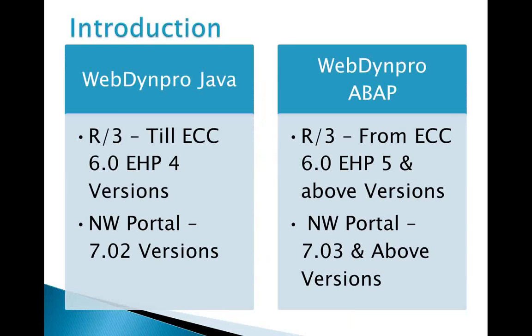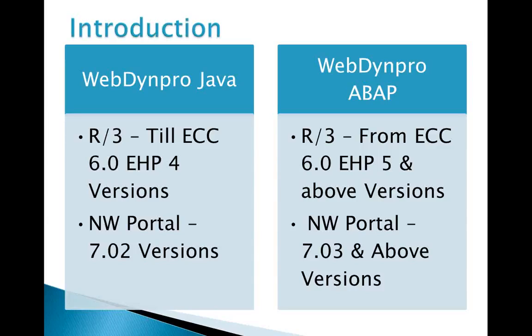Web Dynpro Java is an older version. That is what we used till EHP4, that is, the ECC 6.0 EHP4 version of the R3 system. From ECC 6.0 EHP5 onwards, we are going to make use of the Web Dynpro ABAP concept.